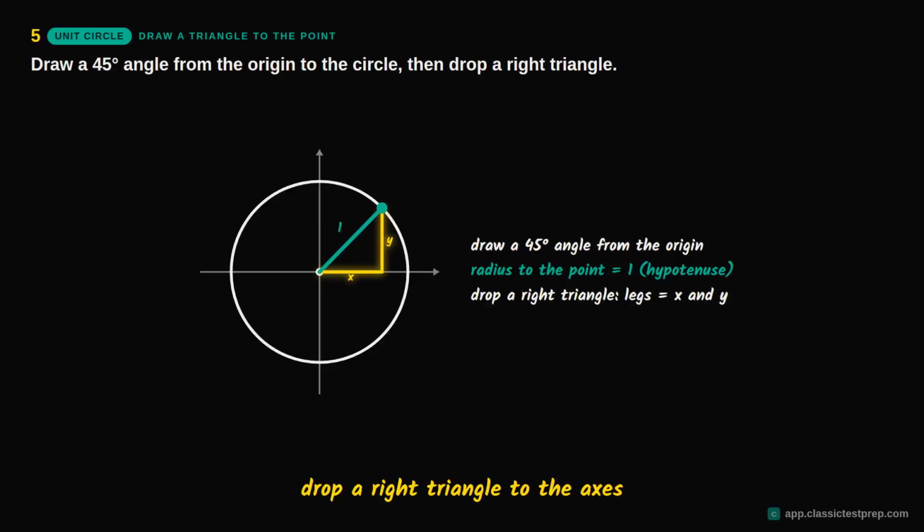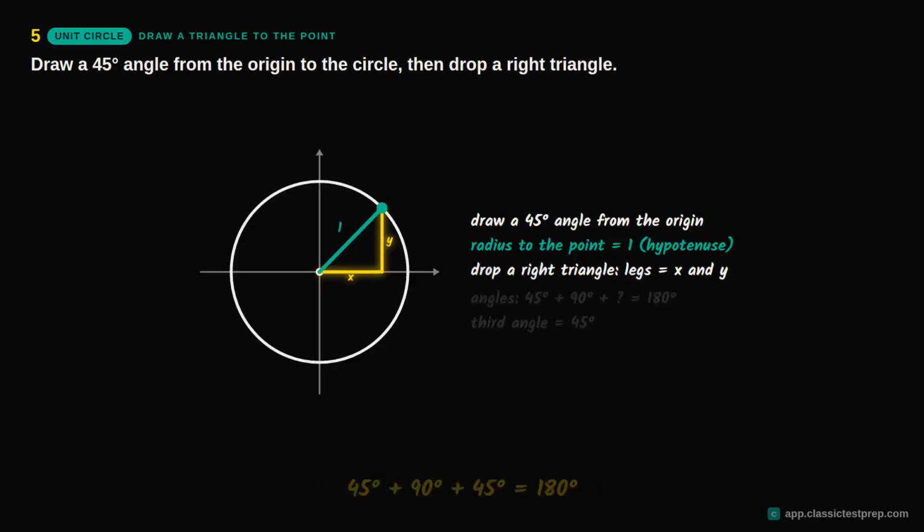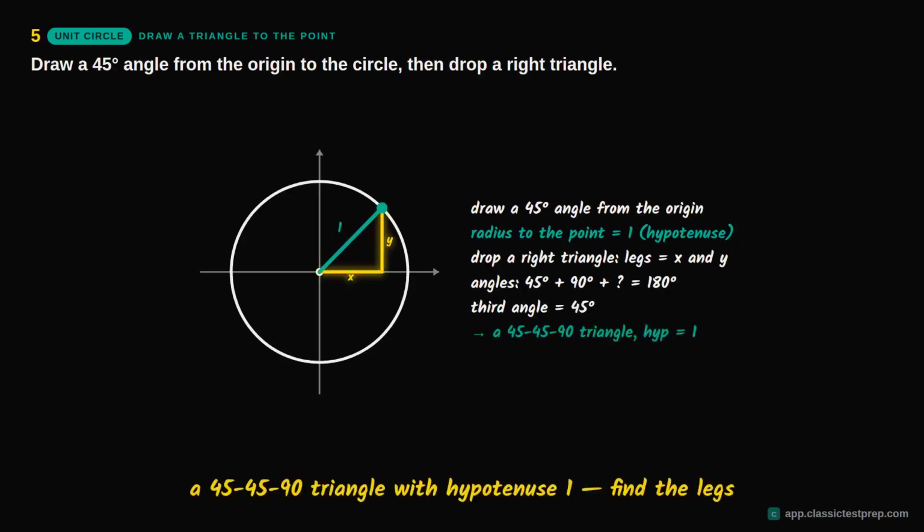Remember, we have a 45-degree angle at the origin, a 90-degree angle, and another angle, which must be 45 degrees because there are 180 degrees in a triangle. So we have a 45, 45, 90 triangle with a hypotenuse of 1. What are the lengths of the legs of this triangle?